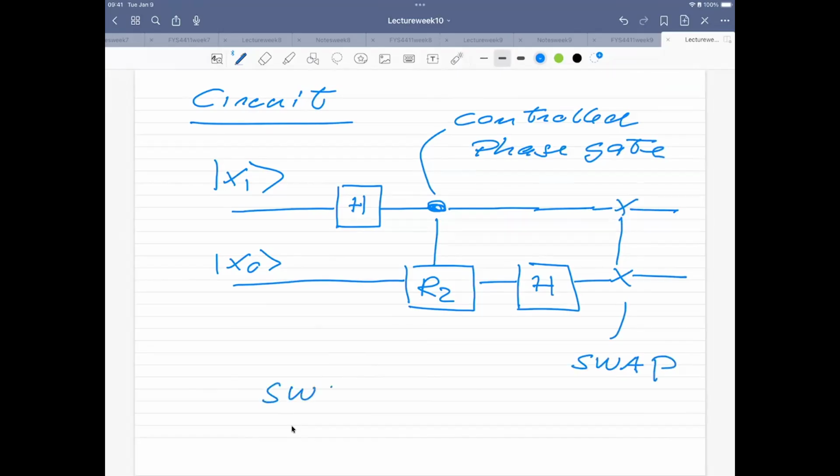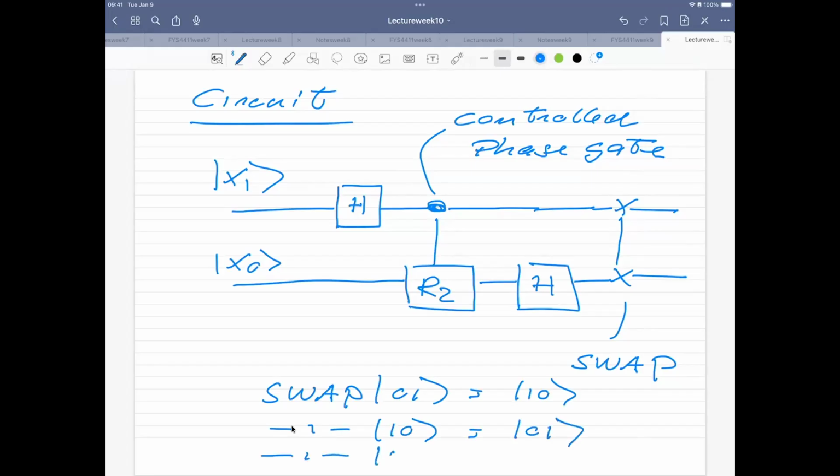If you act on the swap with 0, 1, it changes that to 1, 0. And if I do that on 1, 0, it changes that to 0, 1. If it acts on 1, 1, it just gives us 1, 1, and the same with 0, 0. So it doesn't change 0, 0 and 1, 1, but it changes 0, 1 and 1, 0.